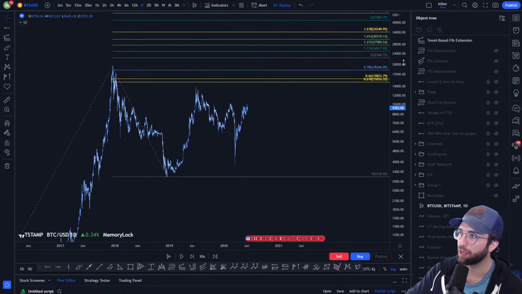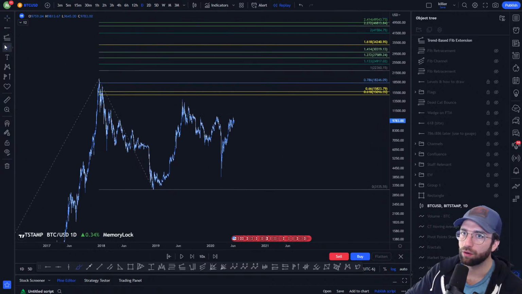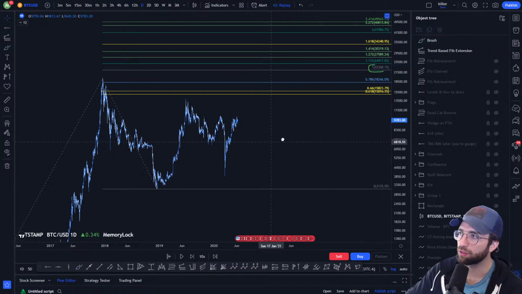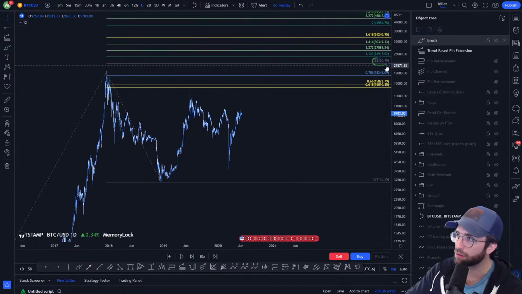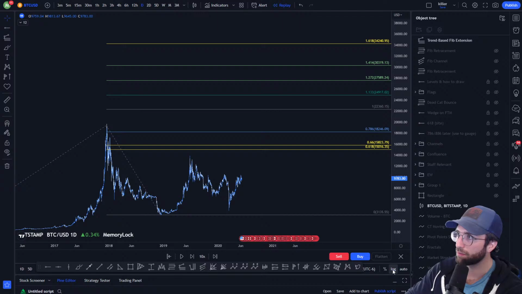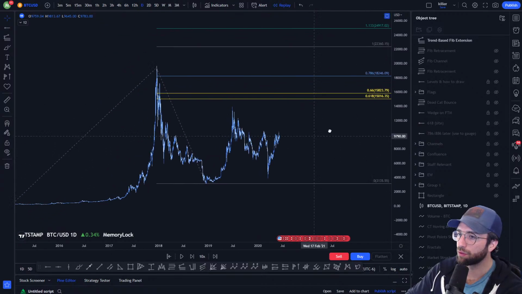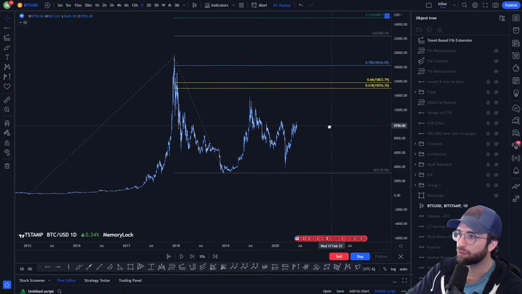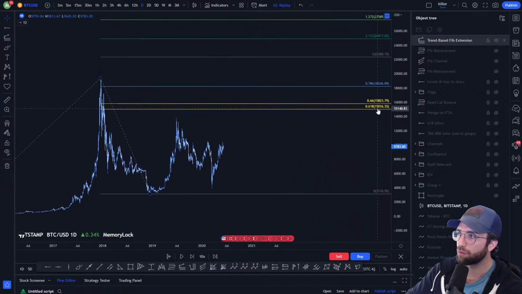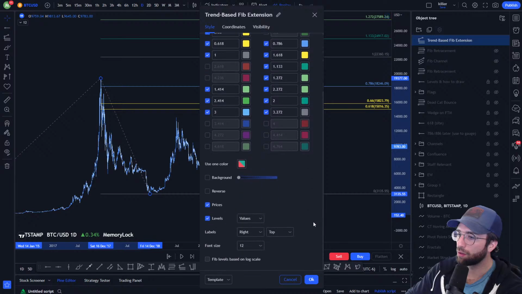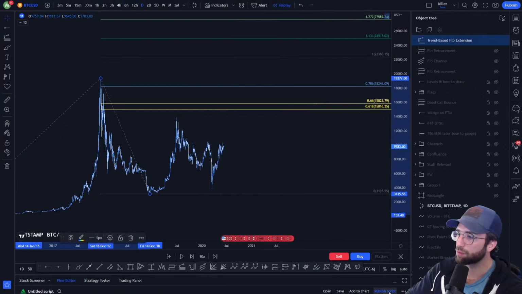In terms of Fibonacci, that would put us from here to here at 22,000. You know what? This isn't going to work right because hang on a second. Let me try something once. I just want to double check.